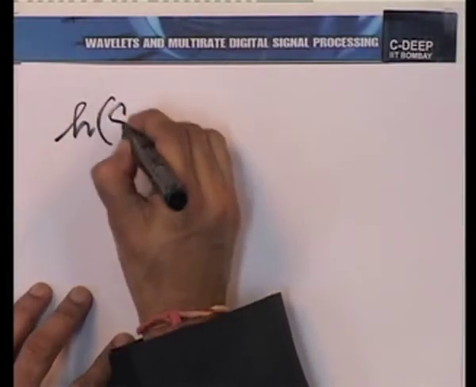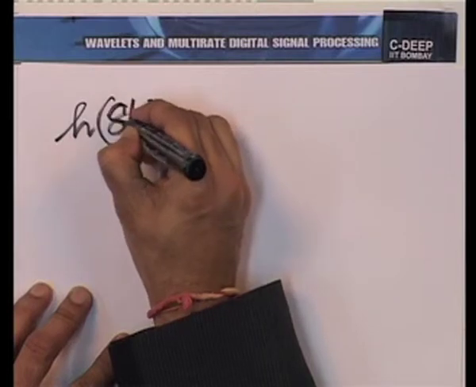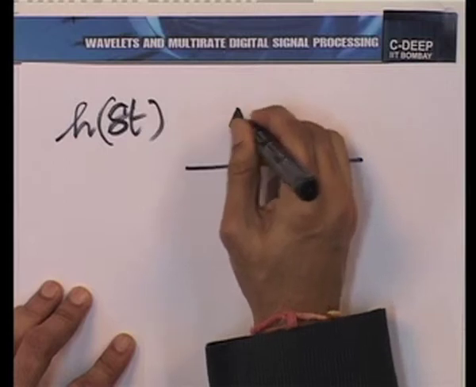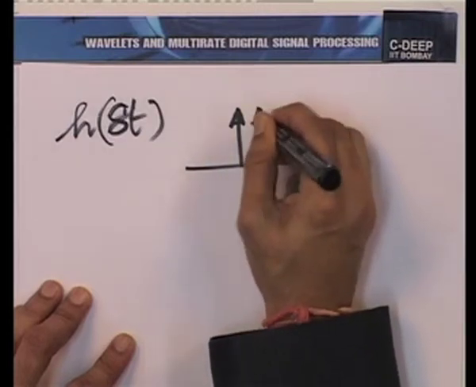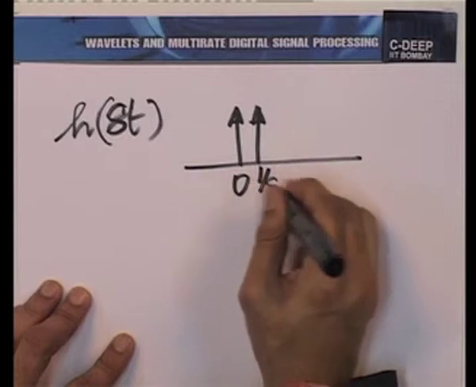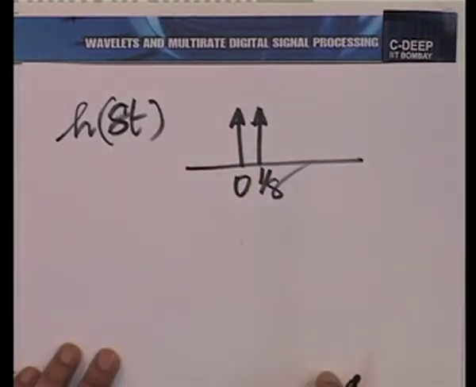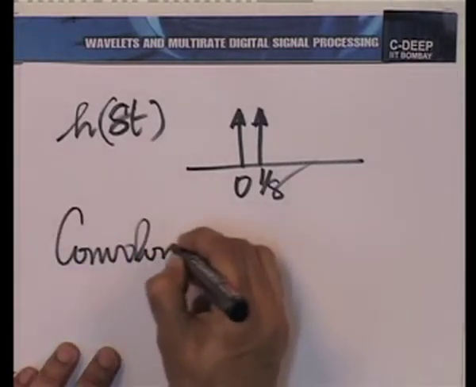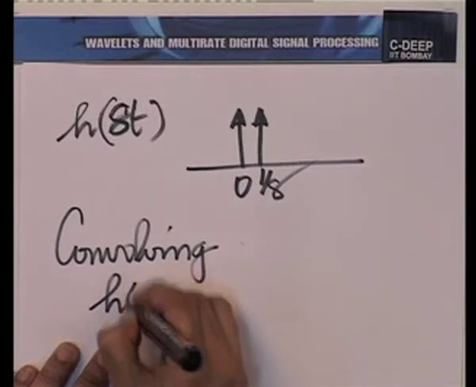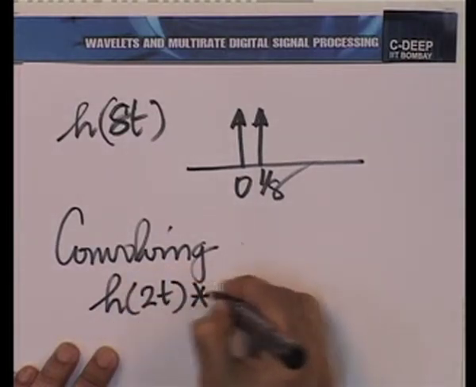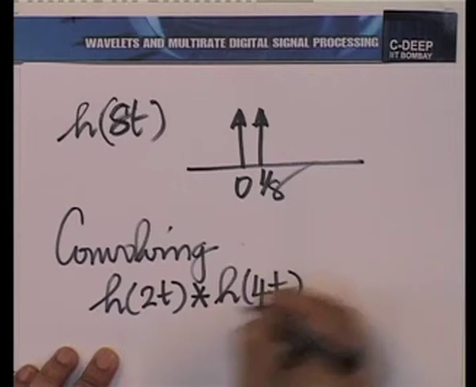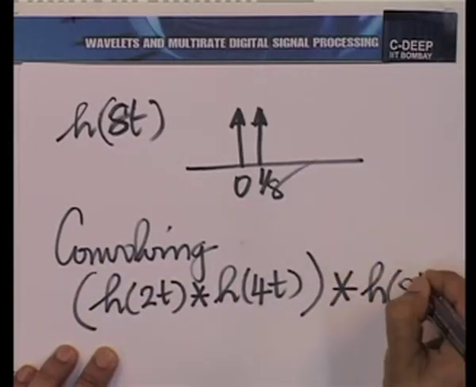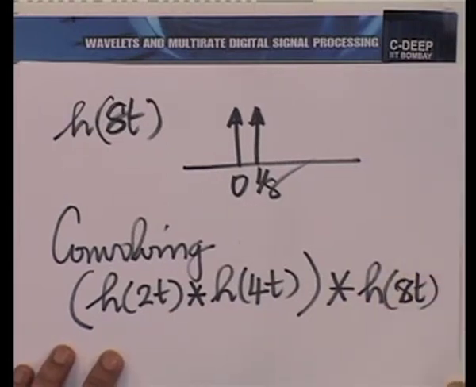H of 8t looks like this. They come even closer together, 0 and 1 by 8. And convolving H2t convolved with H4t and then the whole convolved with H8t, what will you have?